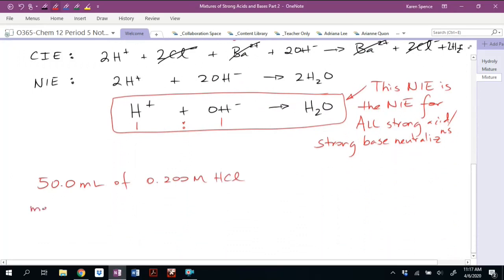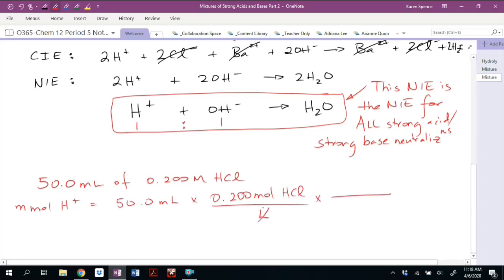And so our moles of hydrogen is going to equal, in fact, let's do millimoles to make our math easier. So we have 50.0 milliliters times 0.200 moles of HCl per liter.